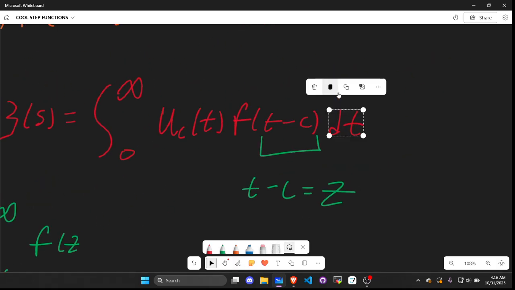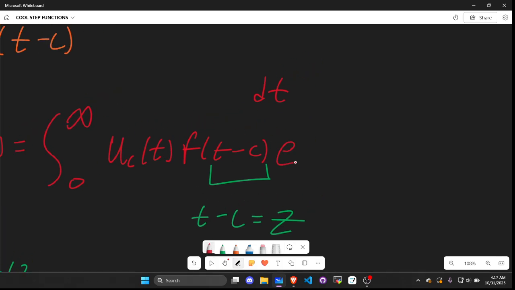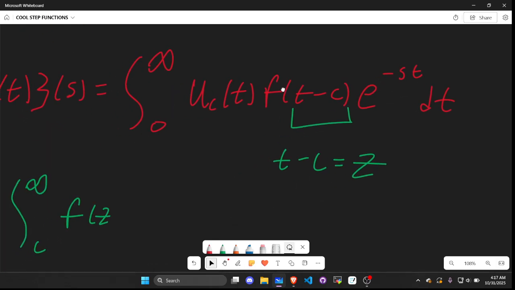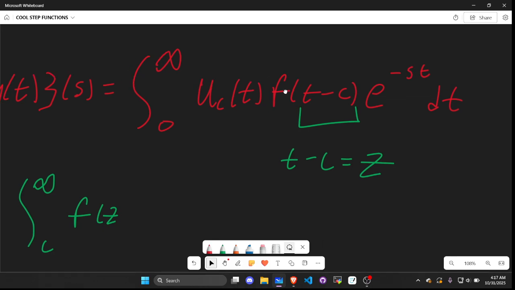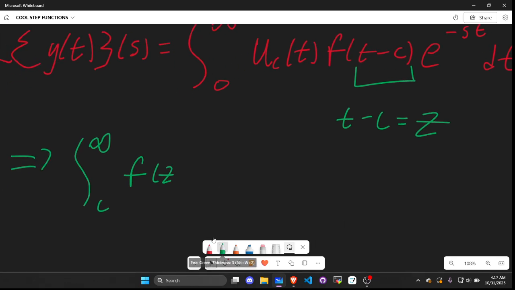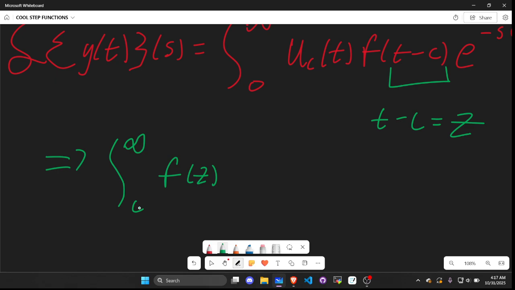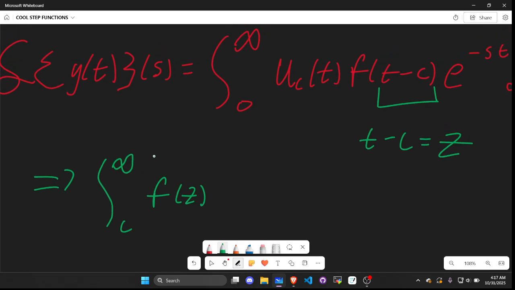I'm going a little fast here, and it's an honest mistake, but it wouldn't be a Laplace transform without the e to the negative st. Very fundamental. I am new to this, so I do make mistakes. Of course, you do not want to forget that. Very critical. So now we're going to do our change of variables. F of z, we're integrating from c to infinity, so the function only exists after c, which is pretty important.